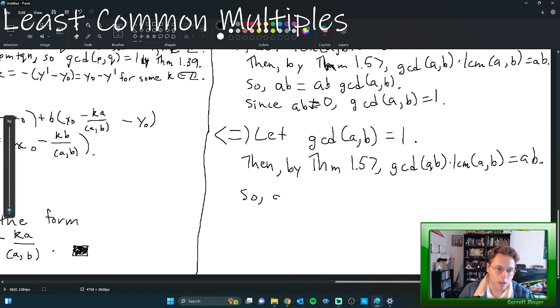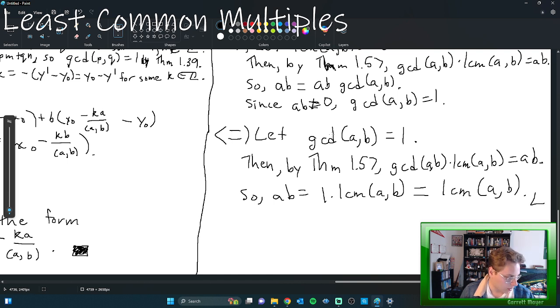So ab equals 1 times the least common multiple of a and b, which just equals the least common multiple of a and b. And that is the proof.